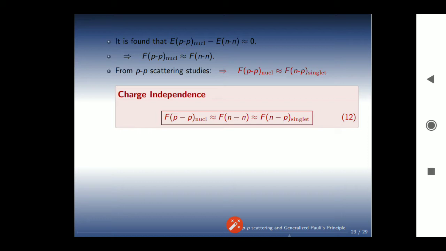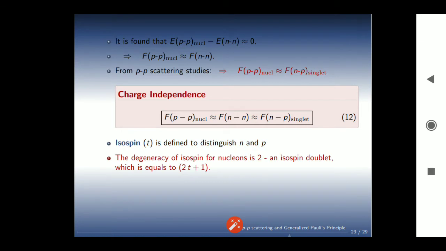Then, with respect to the nuclear force, how can one differentiate a neutron from a proton, the two nucleons? In order to differentiate between the two nucleons as far as the nuclear force is concerned, another quantum number is defined, called isospin, denoted here as small t, to distinguish between neutron and proton.